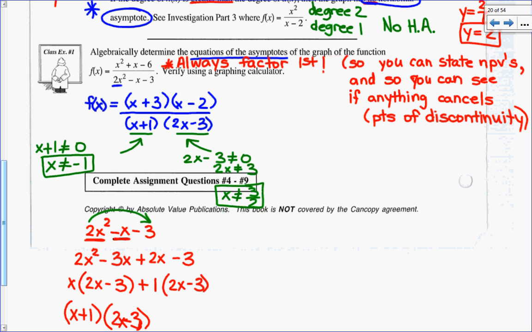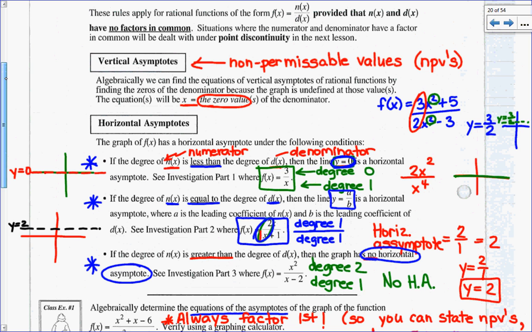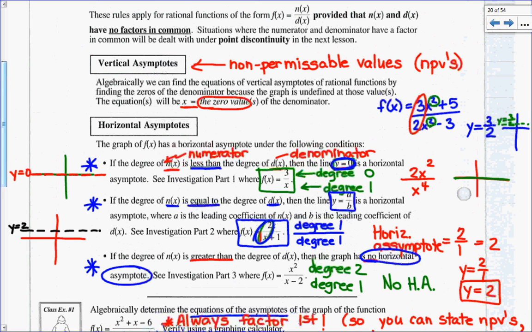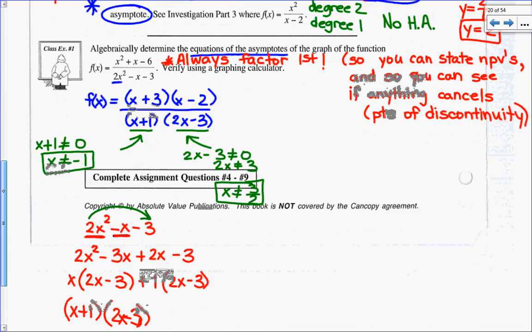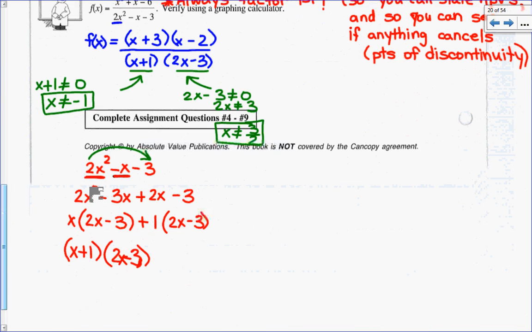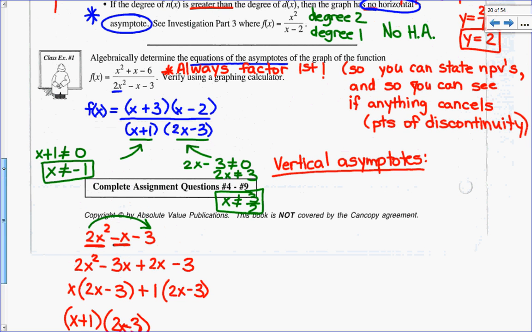Okay, so I've got my two non-permissible values. Now, looking back up here, my non-permissible values are my vertical asymptotes, right? So that tells me right now I've got two vertical asymptotes. So I'm going to write vertical asymptotes. It asked us to find the equations of the asymptotes.